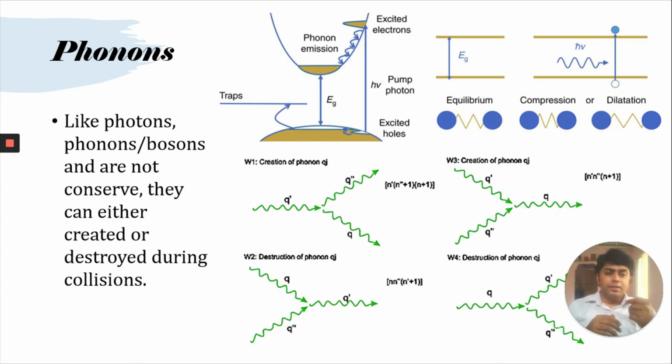While de-exciting, or while emitting back, such electrons undergo two types of transitions. One, radiative. Two, non-radiative.